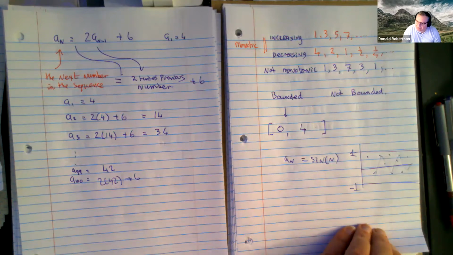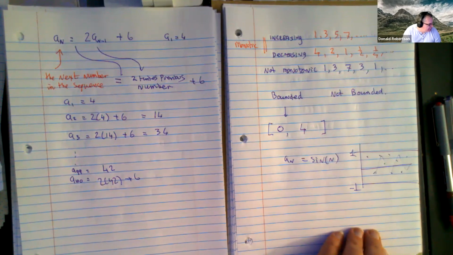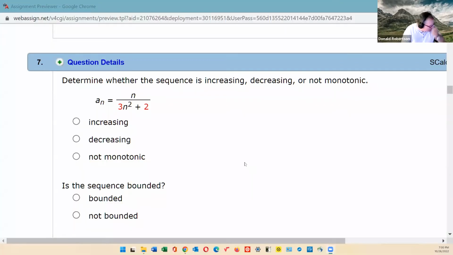Still okay? So let's look at a sequence and see if we can decide, is it increasing, is it decreasing, and all those good things. So let's start with this fella here. Here is our formula. It's great when you have a formula. Imagine the value of A1, A2, A3, right? Another way of looking at that is, if I said to you, y equals x over 3x squared plus 2, couldn't you sketch it?